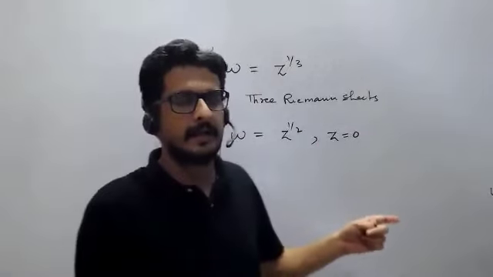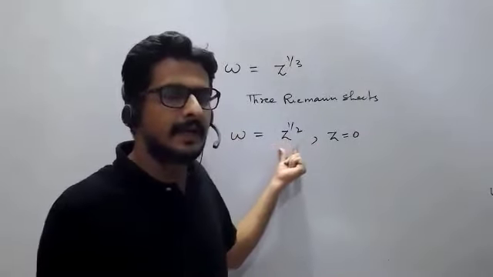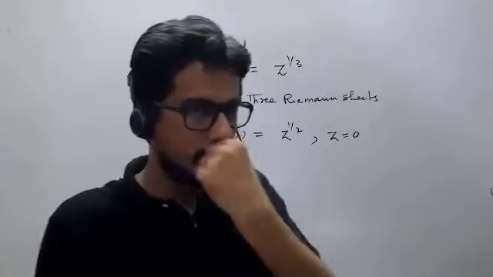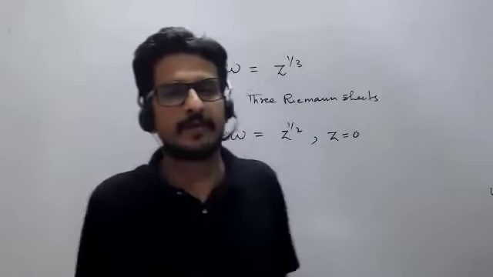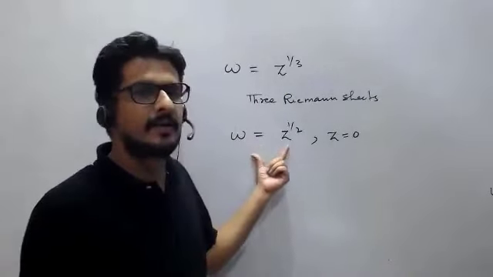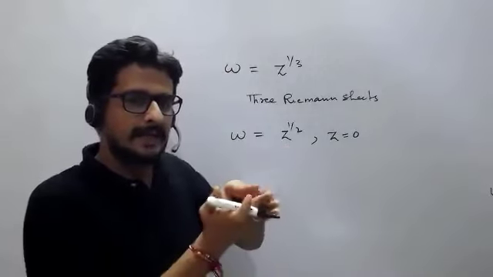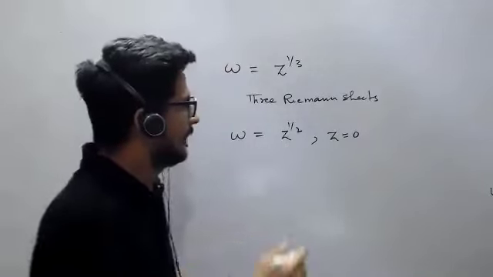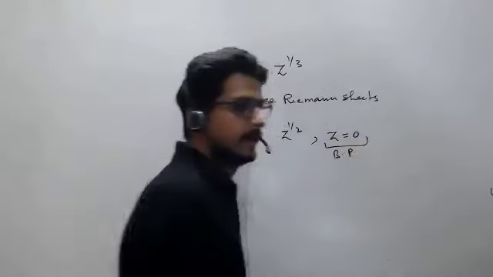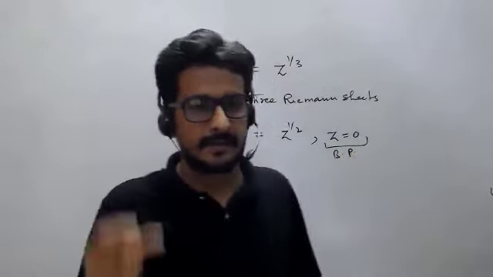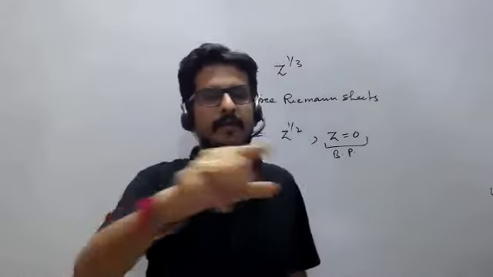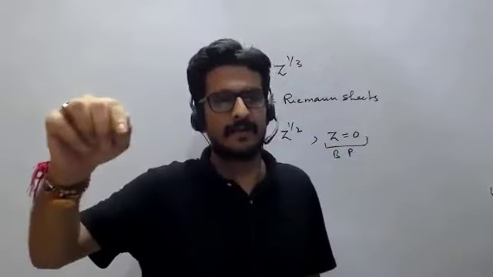Can you see that? So z to the power half is multi-valued. I told you that this will give two different values. When I take z is equal to 0, both are the same. That point is known as the branch point. In the case of the logarithm, I told you that if you take a full circle, you arrive at a different value.